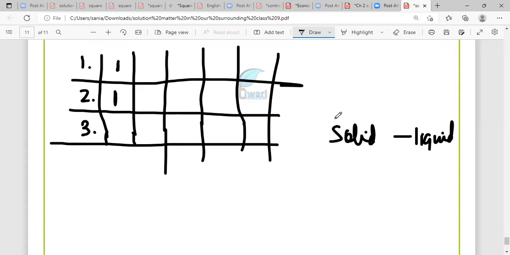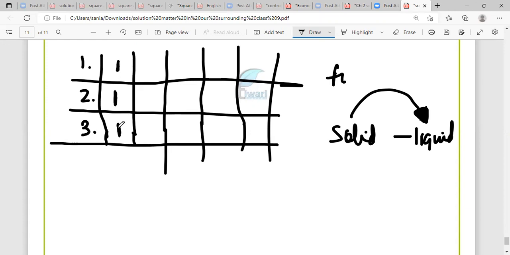The process through which solid is being converted into liquid is known as. Fusion. Yes, good.